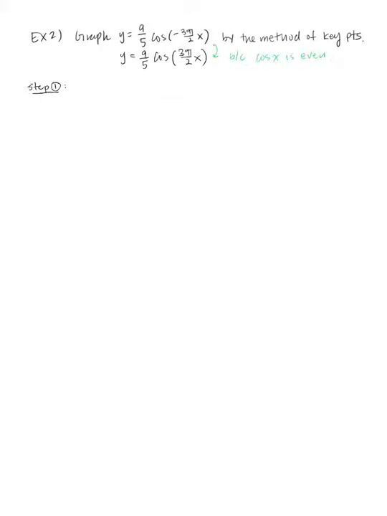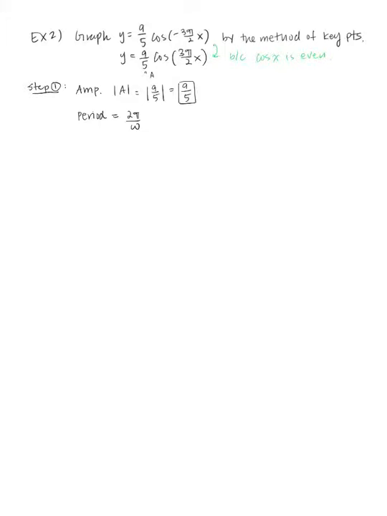Step 1 is to find the amplitude and the period. The amplitude is the absolute value of a, which is the absolute value of 9 over 5, which is 9 over 5. And the period, the formula is 2 pi over omega.